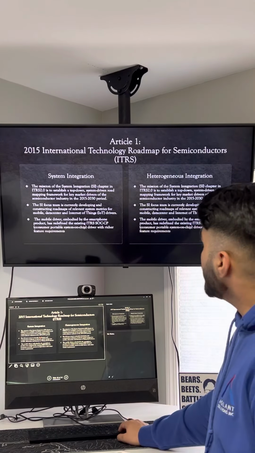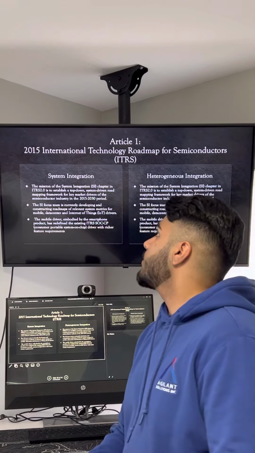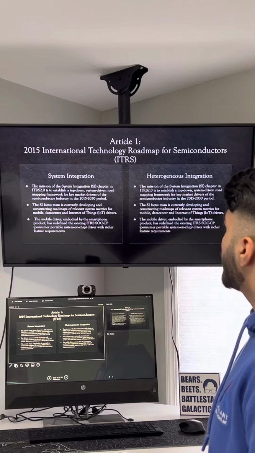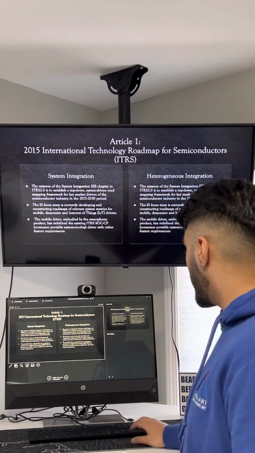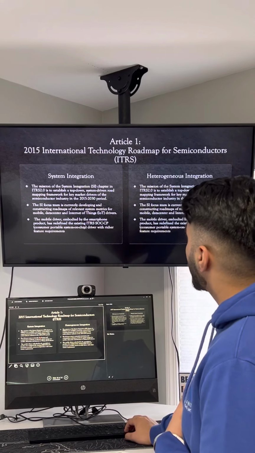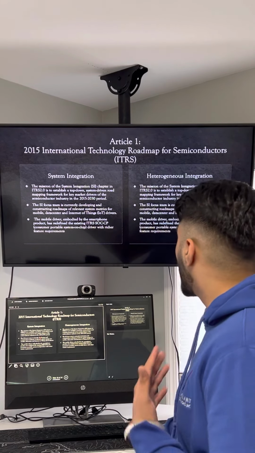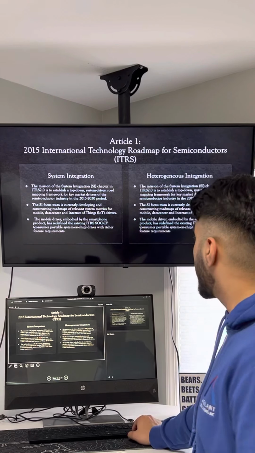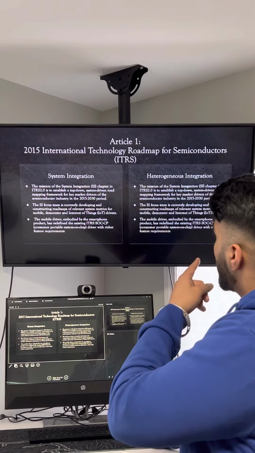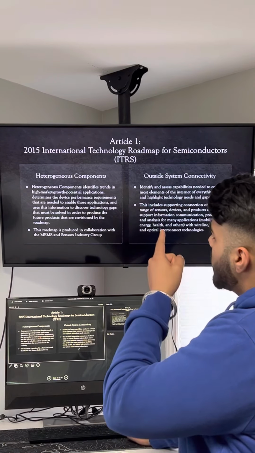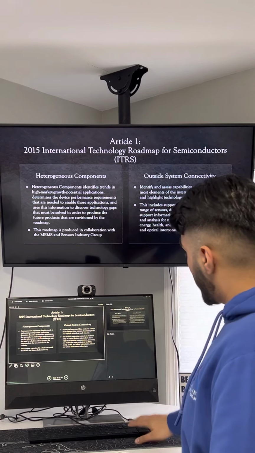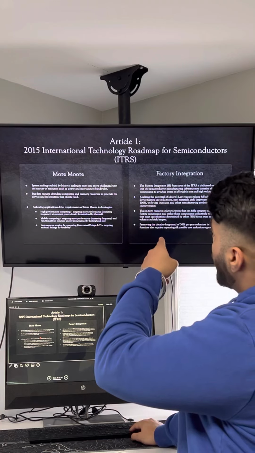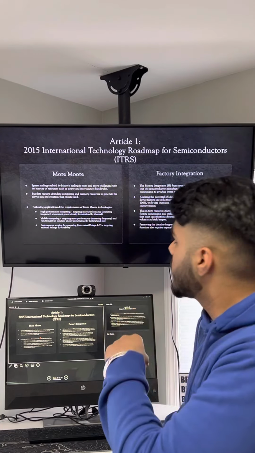All right, so the first article was about semiconductors, obviously, and had different parts, and how this company ITRS actually got to that point of creating it. So they talked about system integration, heterogeneous integration, heterogeneous components, outside system connectivity, more, and factory integration.